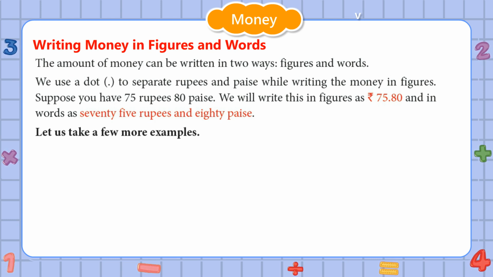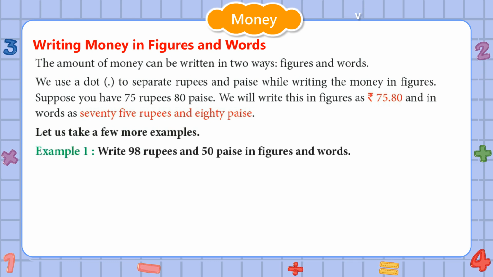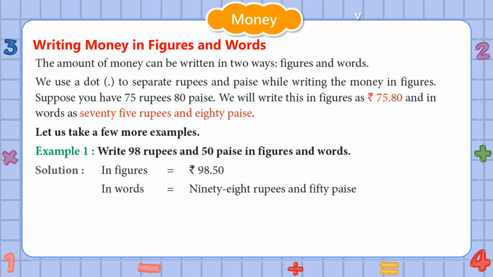Let us take a few more examples. Example 1. Write 98 rupees and 50 paise in figures and words. Solution. In figures: ₹98.50. In words: 98 rupees and 50 paise.